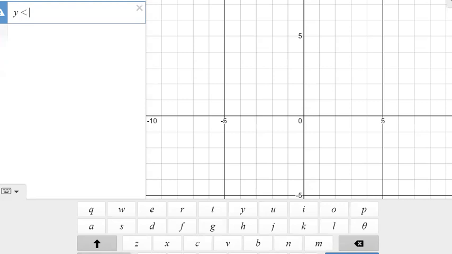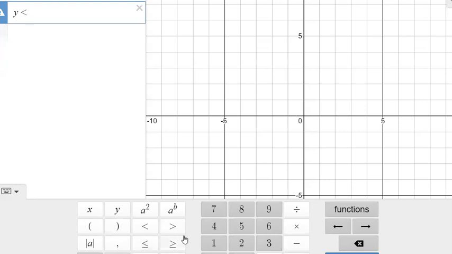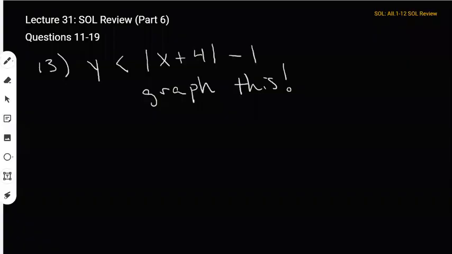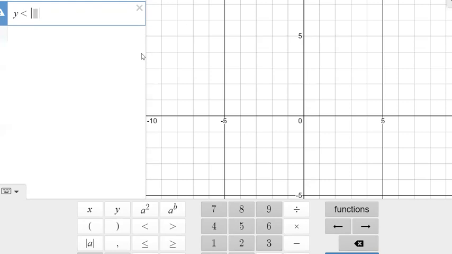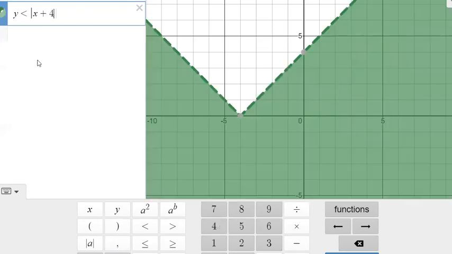No? Okay. I'm going to click 1, 2, 3. The absolute value symbol is actually right here above the ABC. All right. So what goes on the inside? I think it was x plus 4. And then on the outside, we're going to subtract 1.